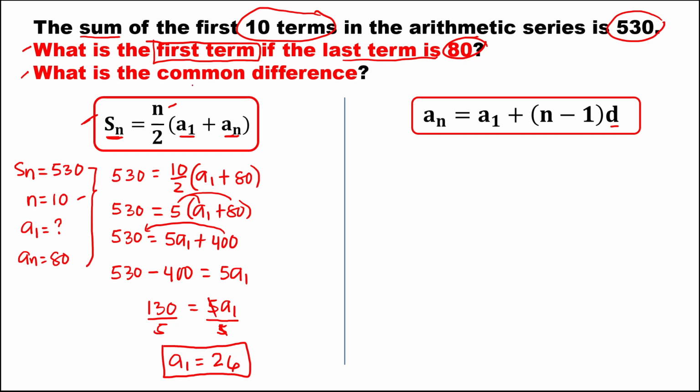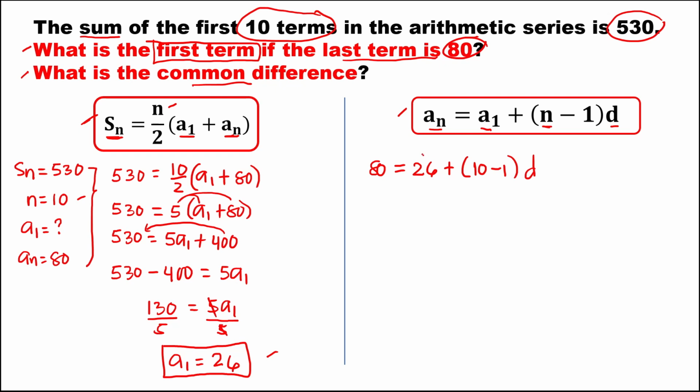Then to solve now for the common difference, using this formula, we have a sub n, that's the last term, and the last term is 80, equals a sub 1, that's the first term, and the first term is 26, plus n is the number of terms, so there are 10 terms, minus 1 times the common difference, so this one is the unknown.